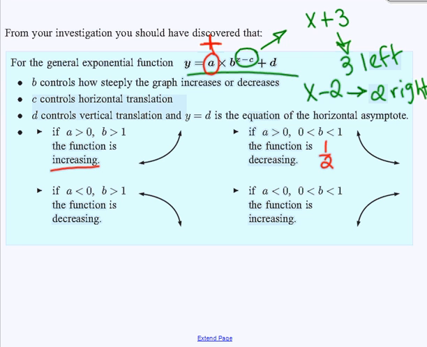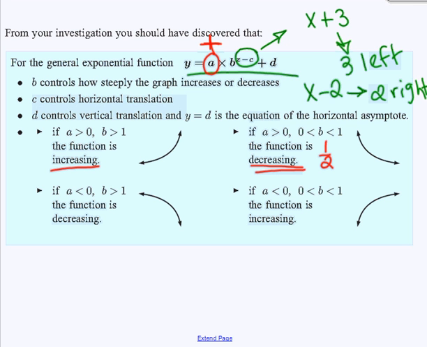So if we were to have 1/2 to the power of x times 1, 1 is positive, so that graph would look something like this. This is called exponential decay, and we'll look at that more in the future. Notice that graph is decreasing, and the idea of decay means it's getting smaller over time.